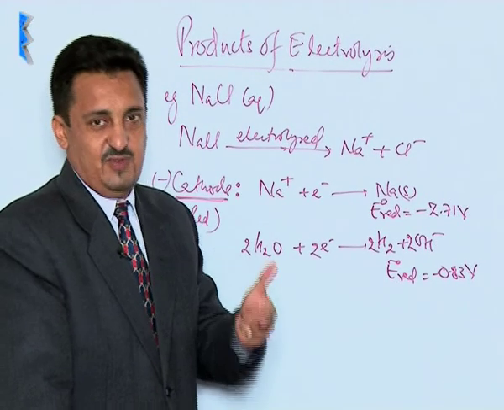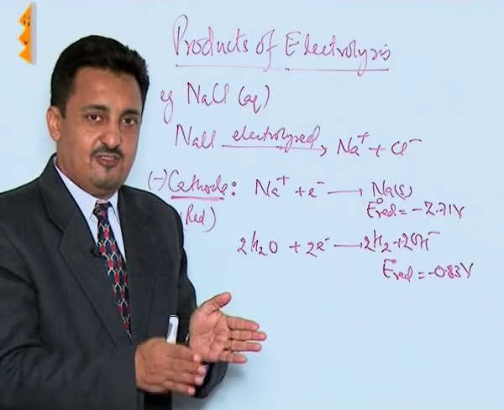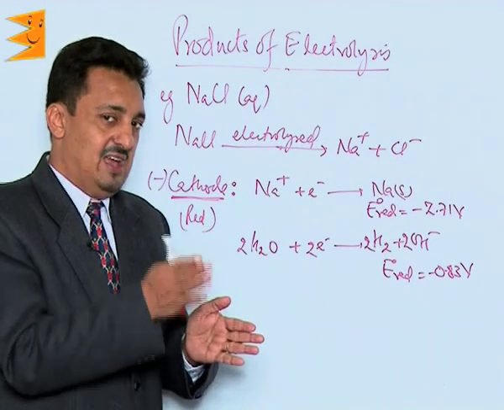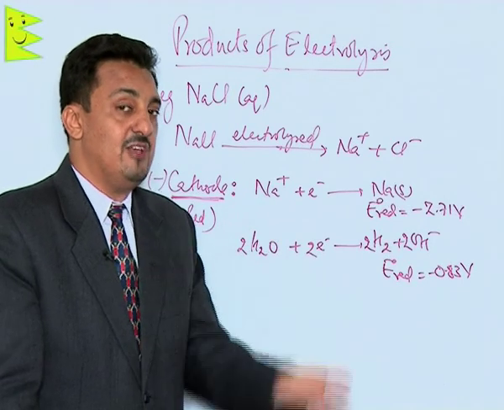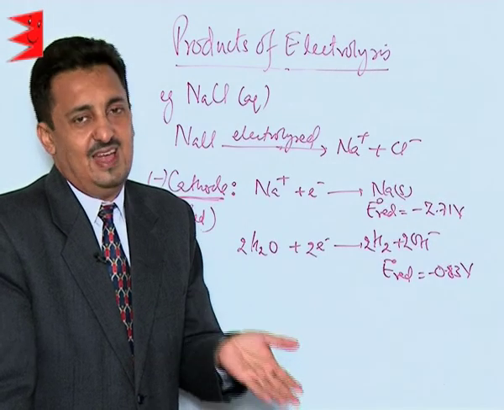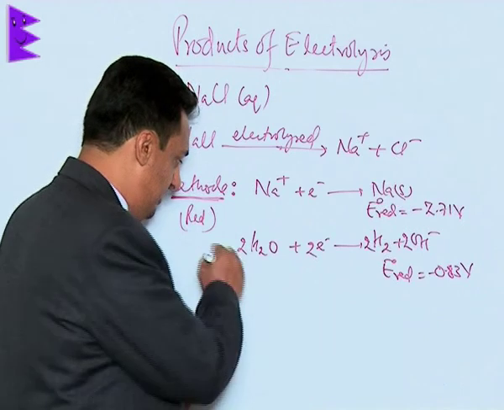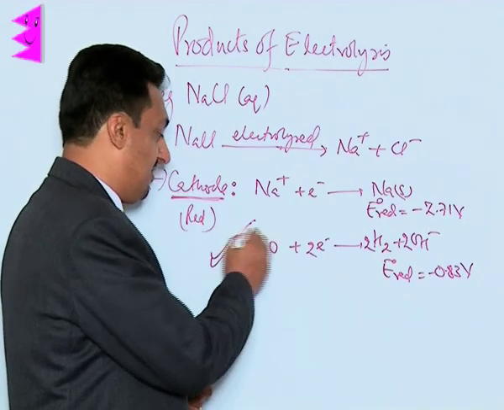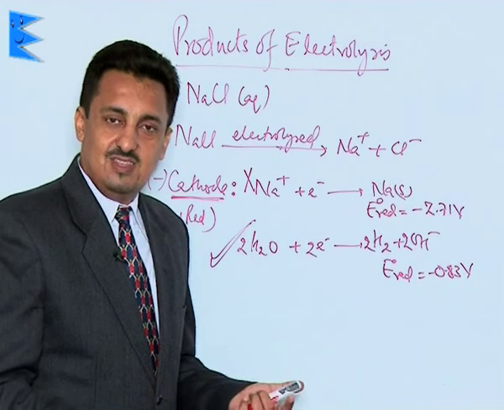This is the first factor: the species with higher E0 reduction potential will get reduced at the cathode. Similarly, the species with higher oxidation potential or lower reduction potential will get oxidized at the anode. So out of these two, which is having a higher reduction potential? Water. So this gets reduced, and sodium ions remain as such in the water.